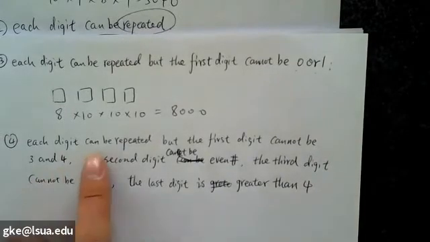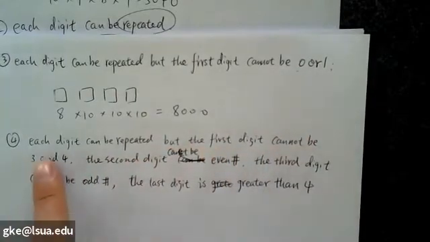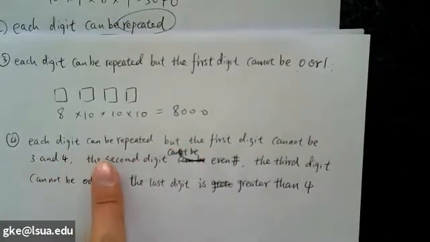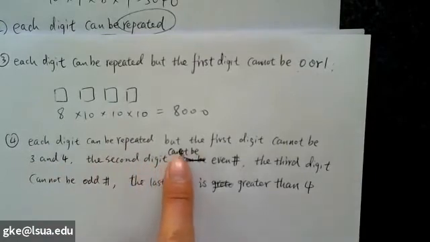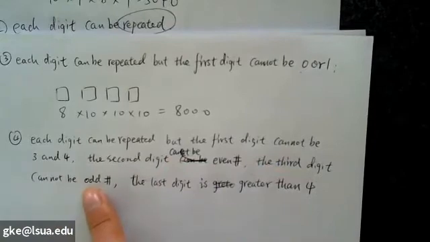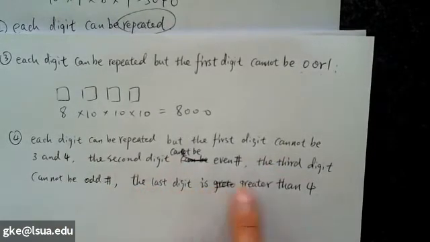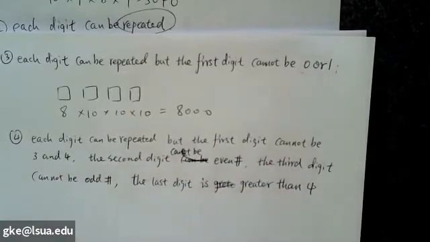So each digit can be repeated, but the first digit cannot be 3 and 4. The second digit cannot be an even number. The third digit cannot be an odd number. The last digit is greater than 4. Okay, now try this one. It's a little bit complicated, but this is the same principle.